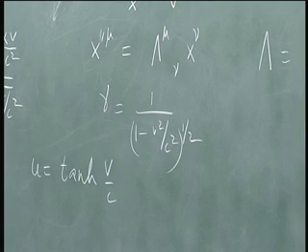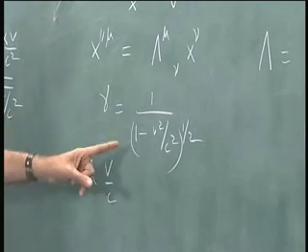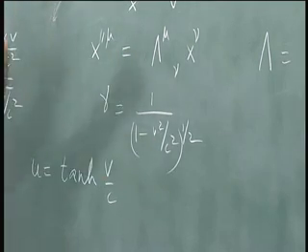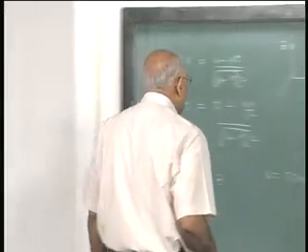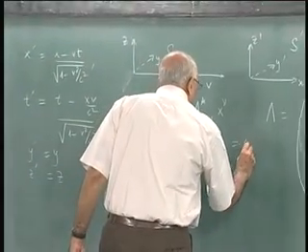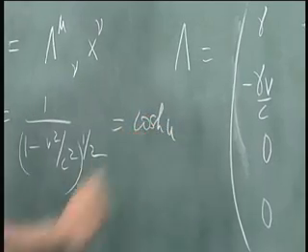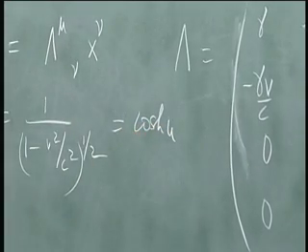and then of course it is a trivial matter to verify that gamma is 1 minus tan hyperbolic squared, and of course if you use this identity, cos hyperbolic squared minus sin hyperbolic squared is 1, then immediately this implies that gamma is equal to cos hyperbolic u.